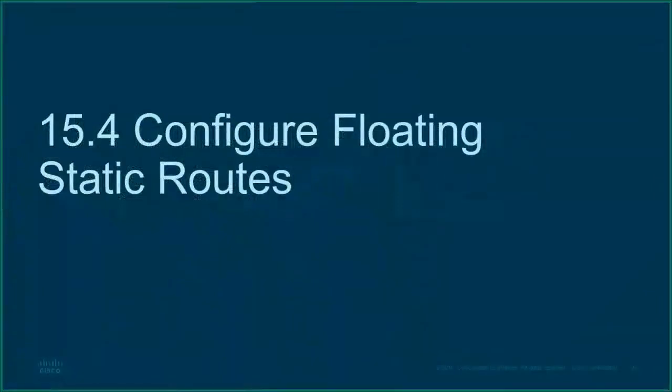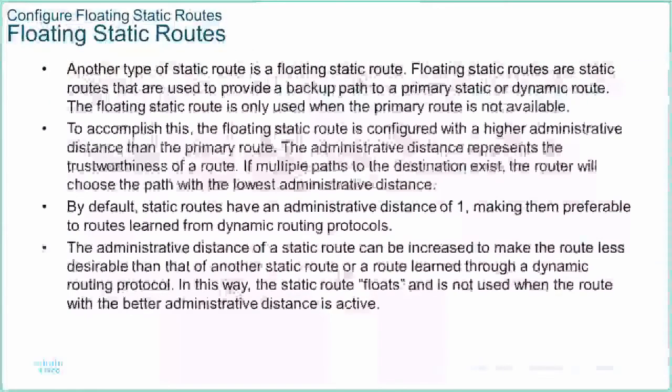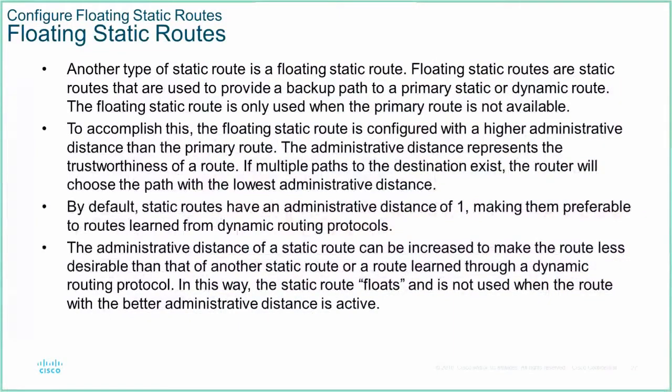And here comes where the floating static routes come in. This is where we use that admin distance, as I was talking about in the examples, to create floats. Now, only the one that it selects as the best will be displayed in the routing table.